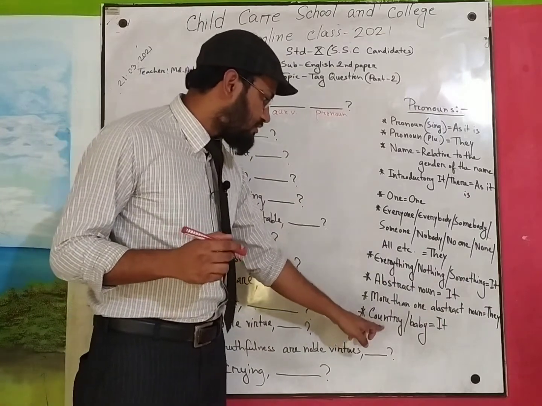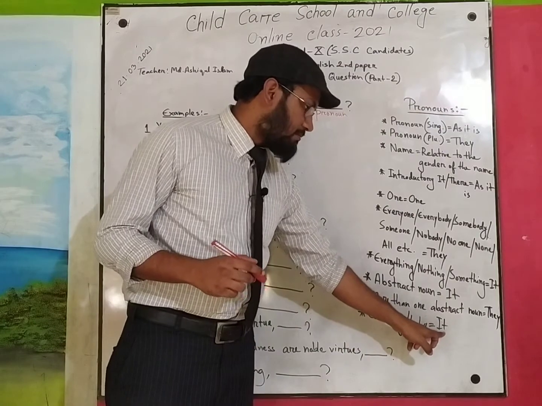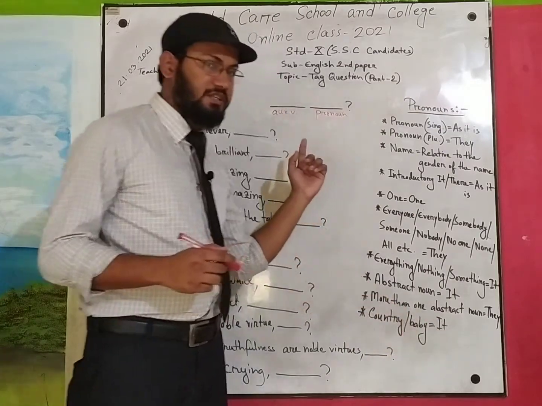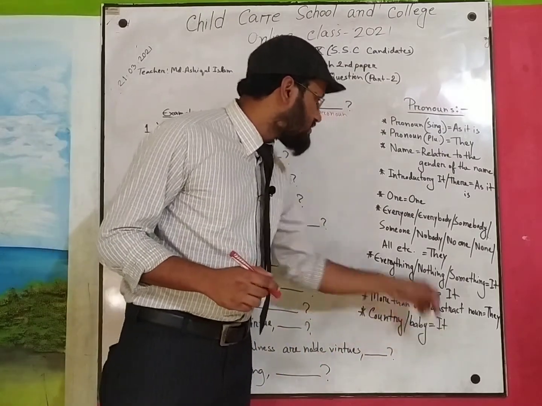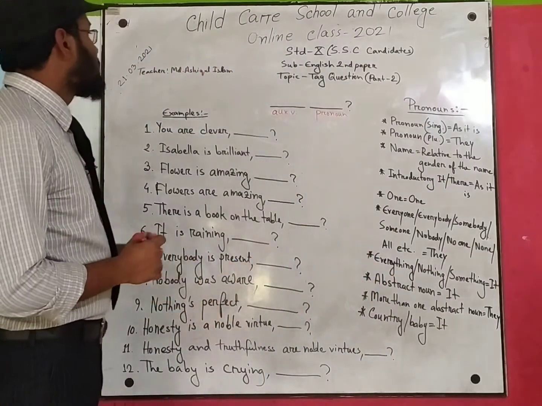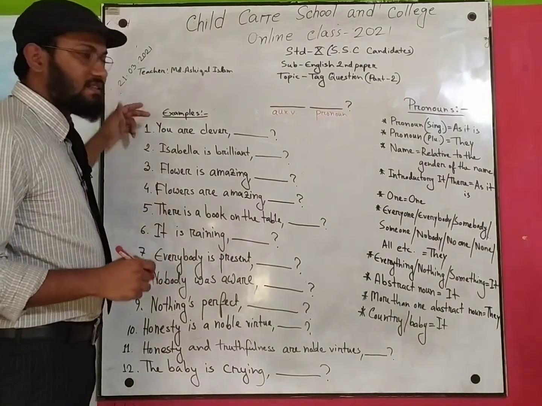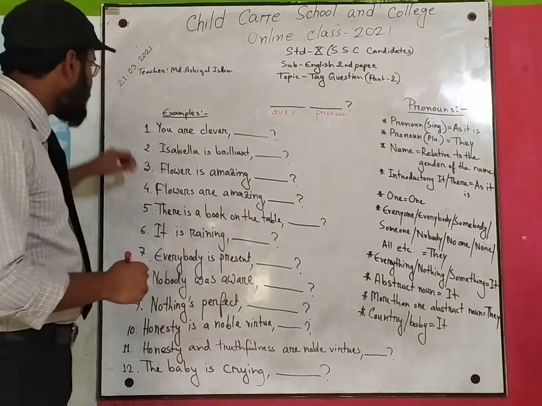If our subject is a country or a baby, our pronoun will be it for the tag question. For baby, we use the pronoun it because we are not actually certain about the gender of the baby. So in that case, we will use it. Now let's jump into the examples and see how it is done.